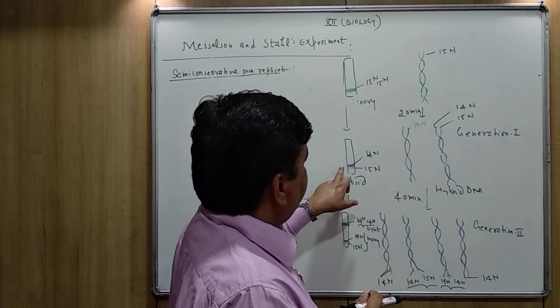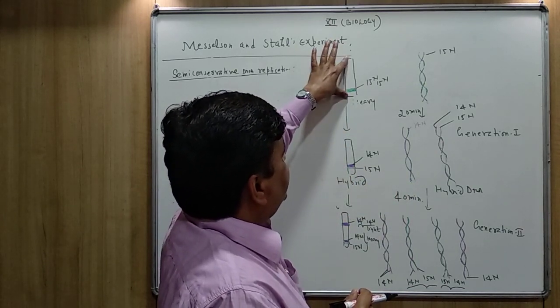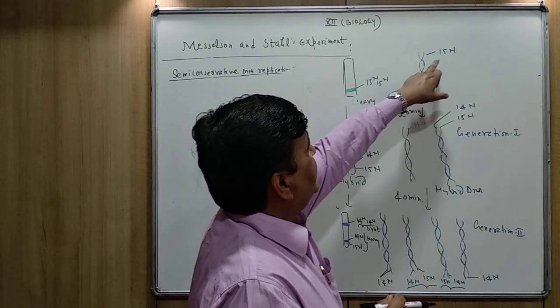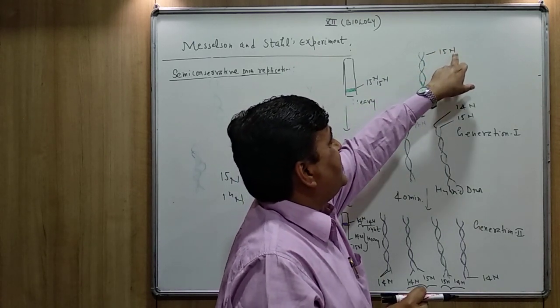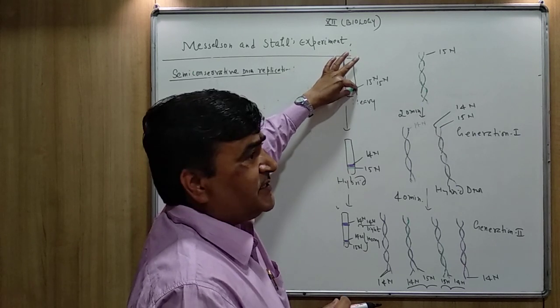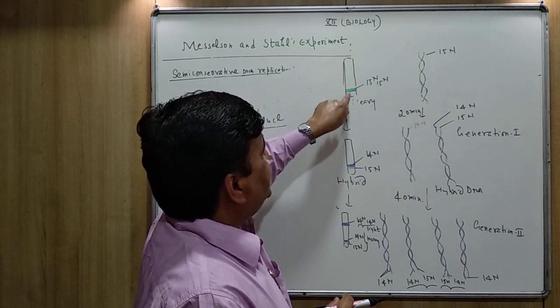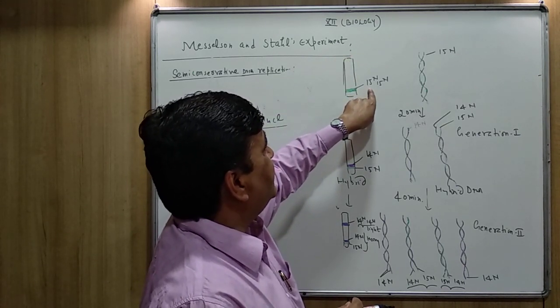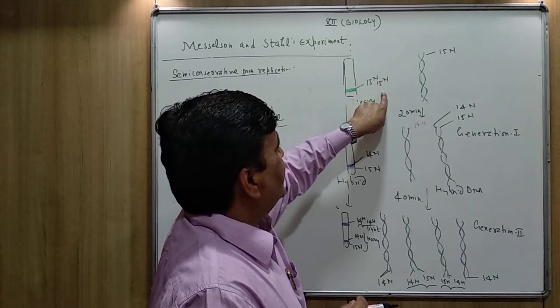So he observed, you can see here in this test tube, because he added only the heavier 15N nitrogen, only one zone was observed after the centrifugation, and all this DNA contained what kind of isotope? 15N.